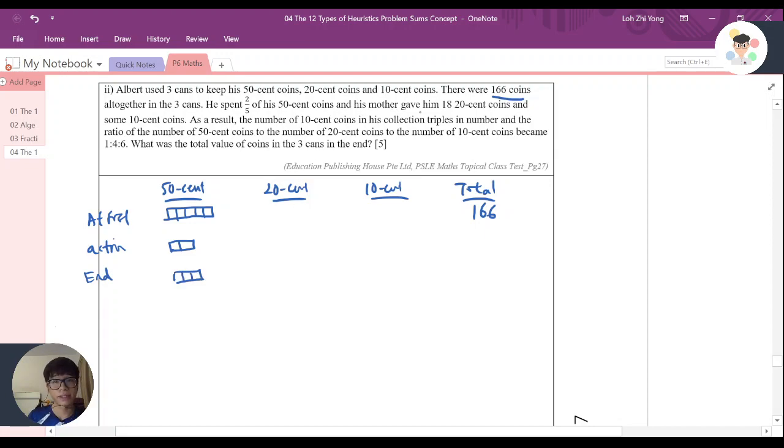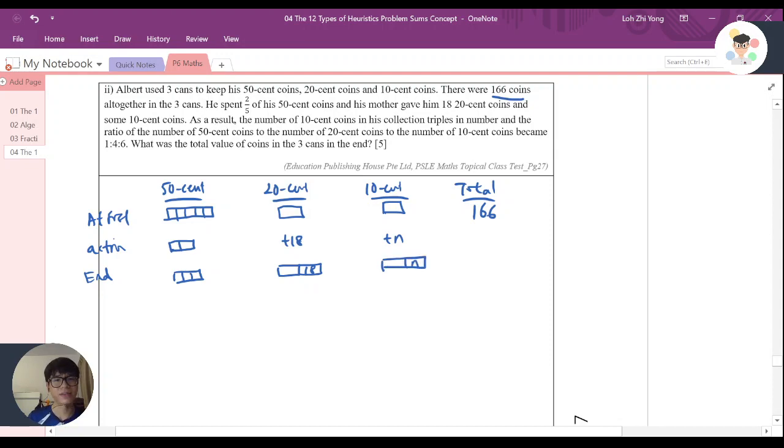And his mother gave him 18 20-cent coins. It means that I have a certain amount here, and the mother gave 18. So now I have a certain amount plus 18. And some 10-cent coins. So I know I have some here, and I added some, and I have more.